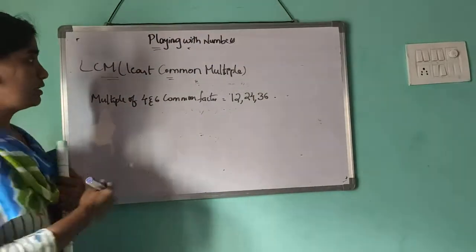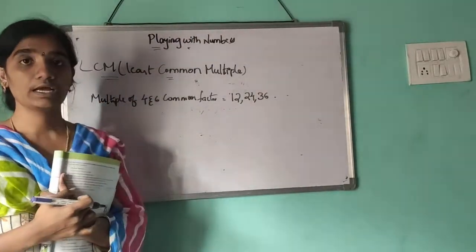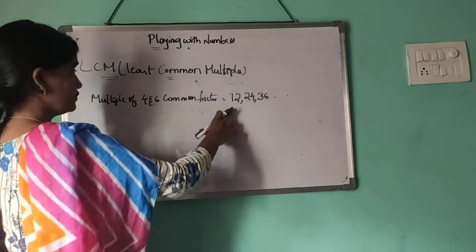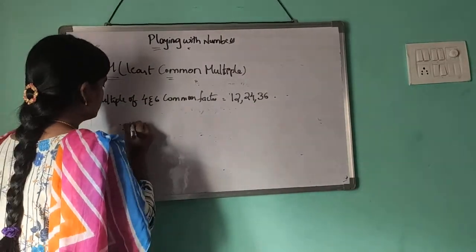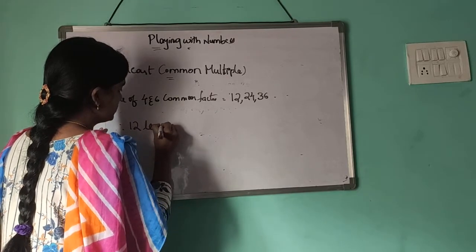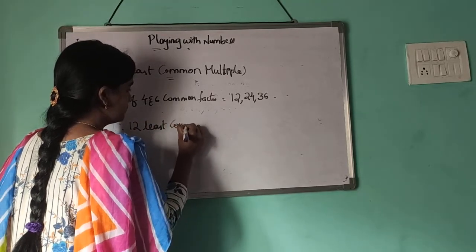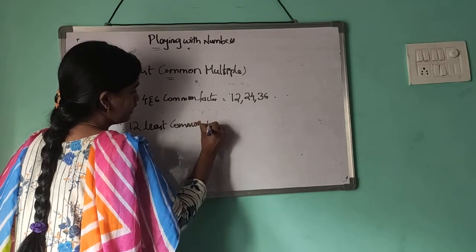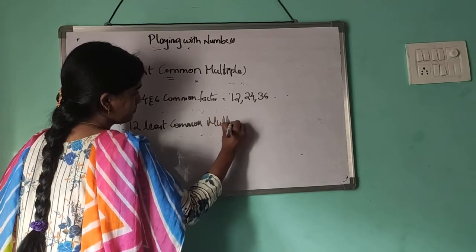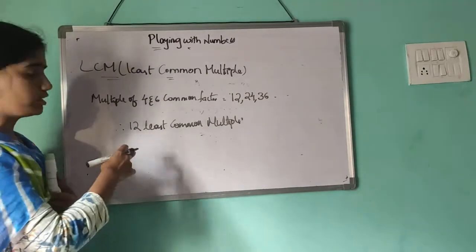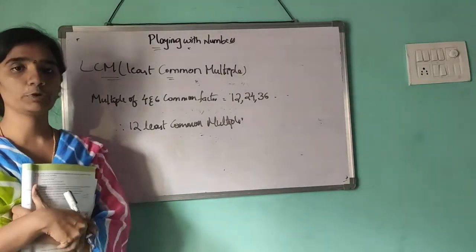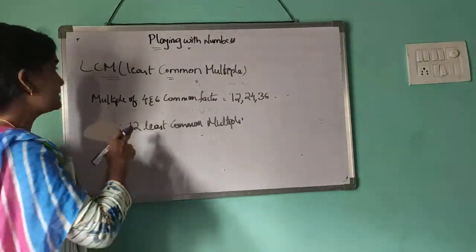Among these numbers, which is the least number? Here 12 is the least common multiple. So 12 is the least common multiple, called LCM.